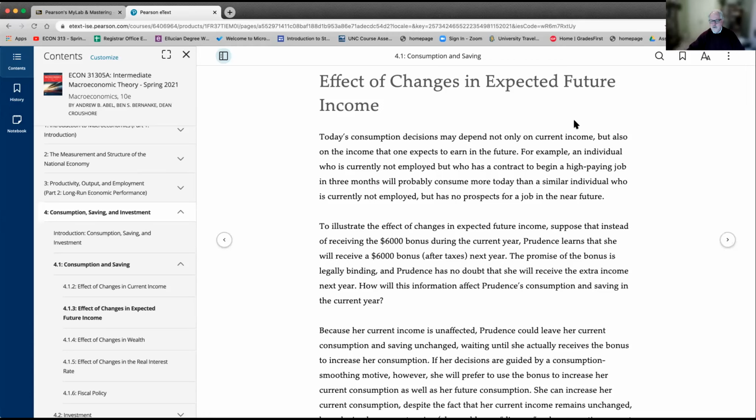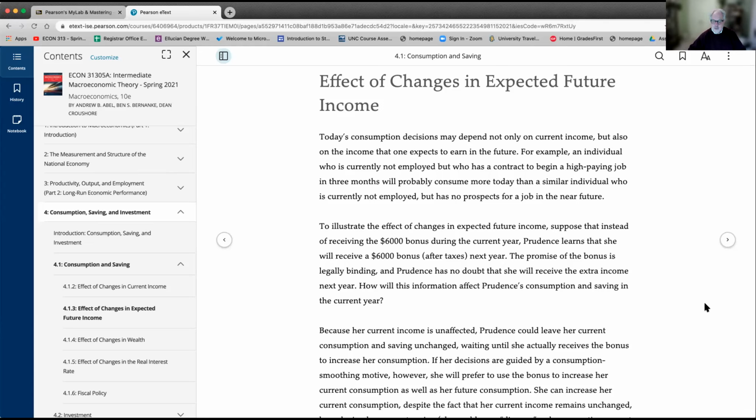What about expected future income? Well, your current income hasn't changed, but it will probably have an impact on your spending today if you expect future income to go up. This happens when people get a job offer when they graduate from college. Maybe they go out and buy a new car, or a newer car, because they know they're going to be able to make those monthly payments, because they're going to make a lot more money in that new job.